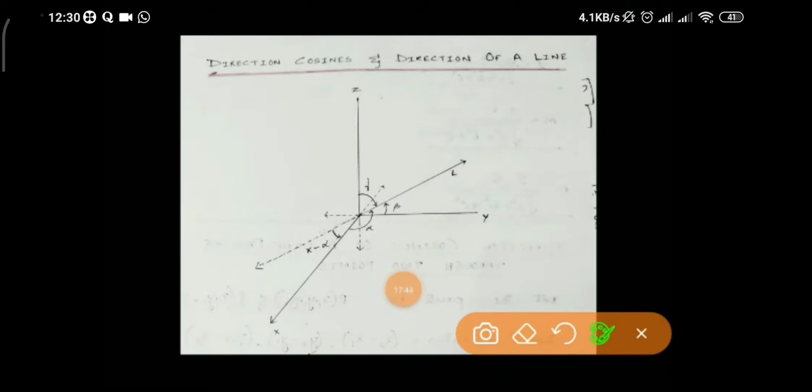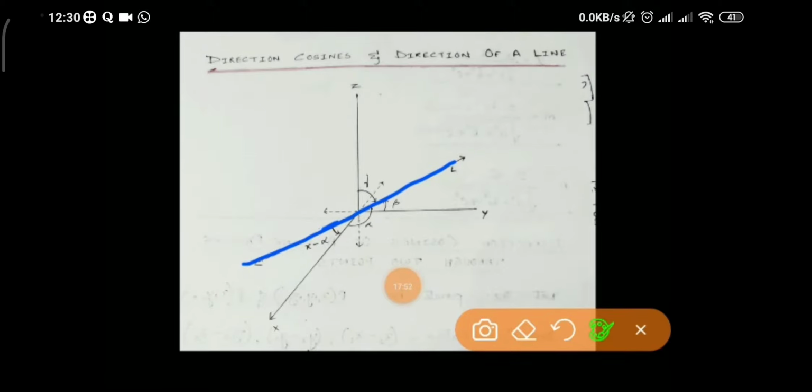Now you see this line L, it is extended on the other side also.